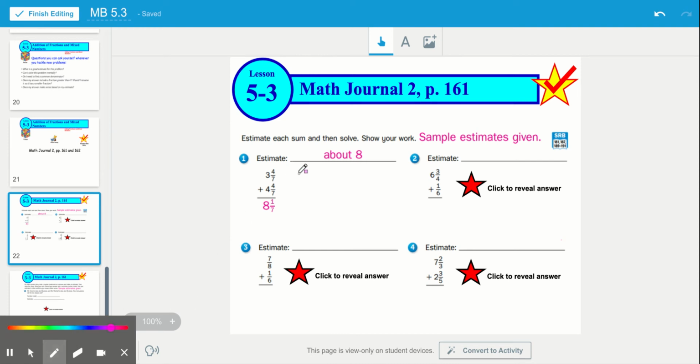So what you actually had here was a 7 and 8/7, and then they took out 7/7 because 7/7 equals 1, and they put that 1 right here into the whole number, and they were left with 8 and 1/7.